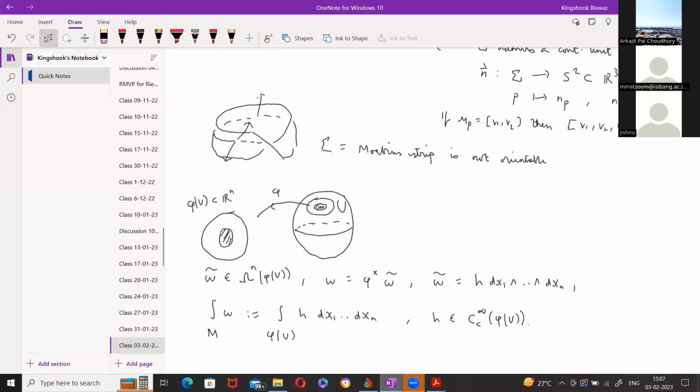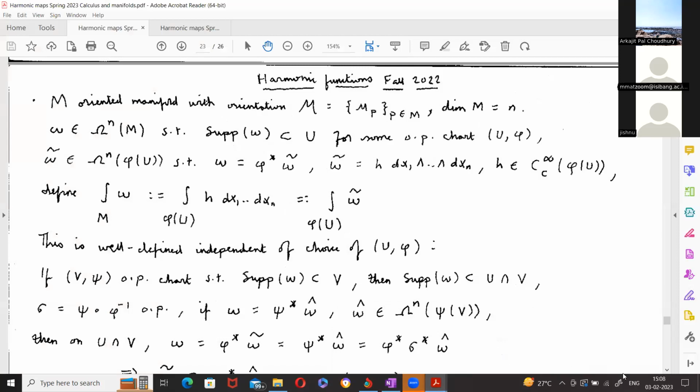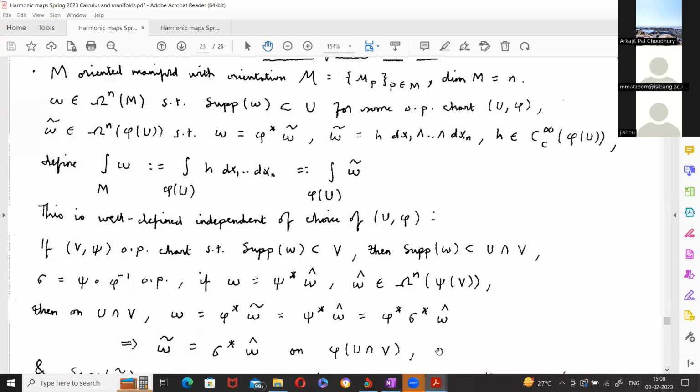So I have then some V here, and I'll get my chart here, psi. So this is psi of V. So here I'll have another form, say omega hat.